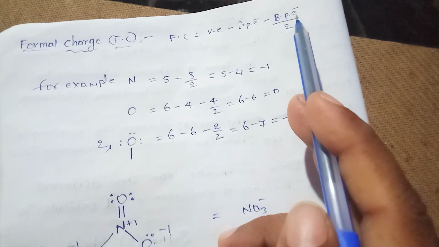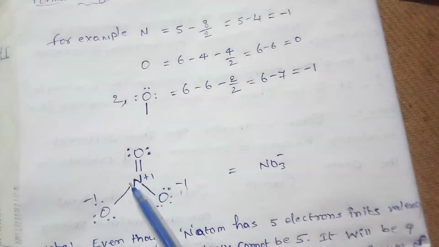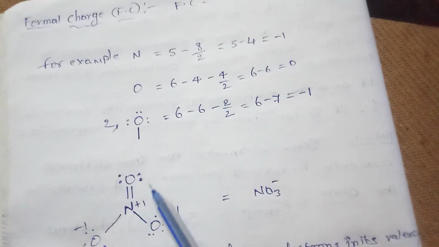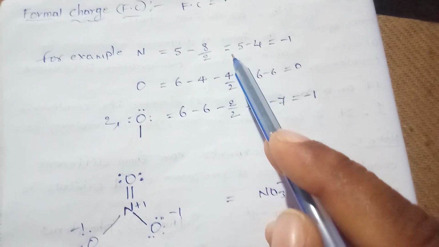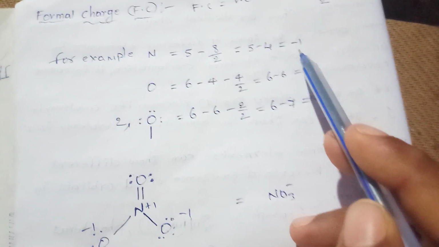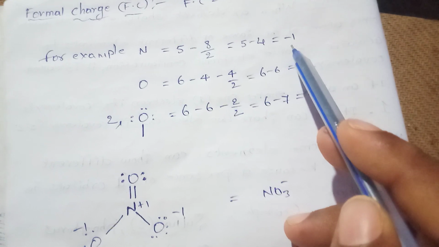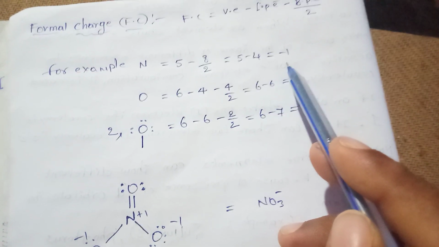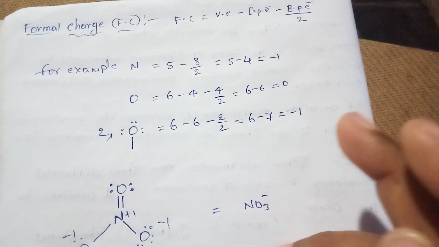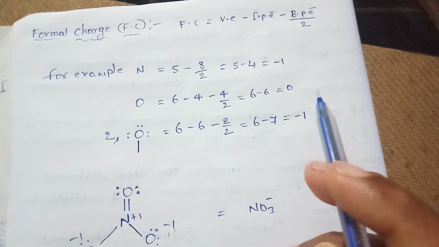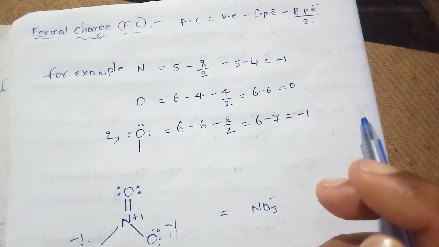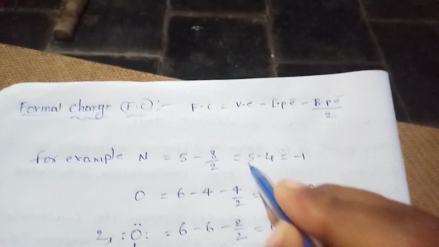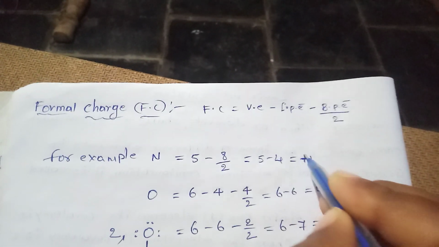And bond pair electrons: nitrogen forms how many bonds? 1, 2, 3, 4. So 4 divided by 2, that is 5 minus 4. Sorry friend, I made a mistake here. Excuse me, 5 minus 4 means plus 1. It happened by mistake.